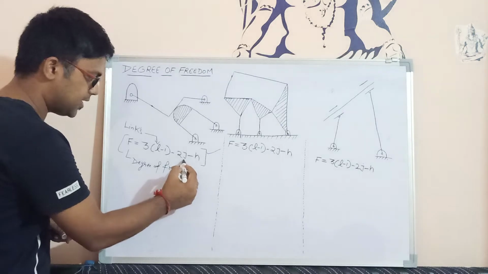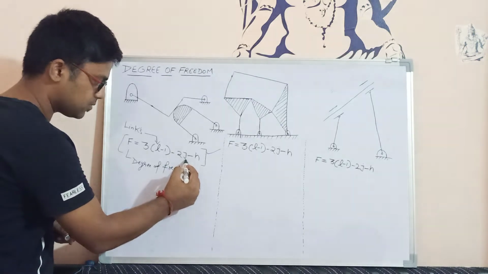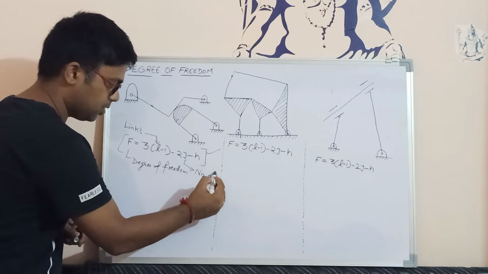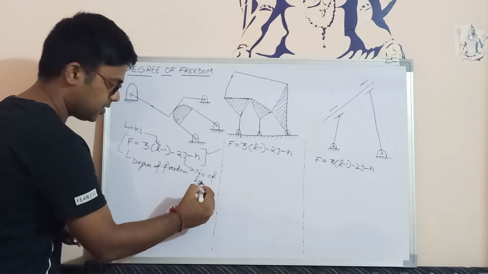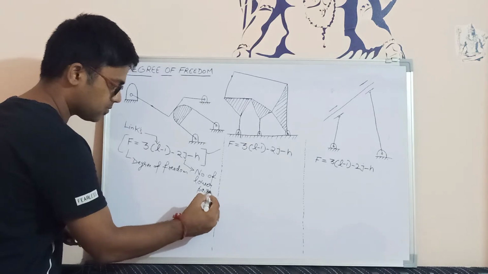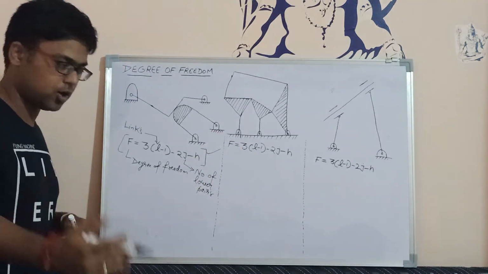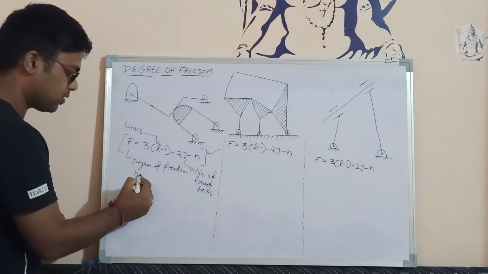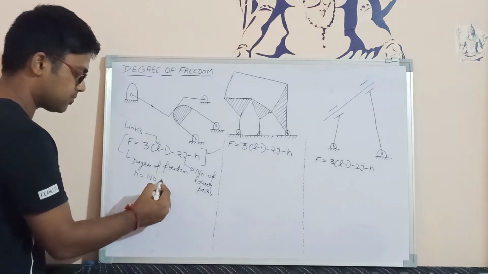J stands for the number of joints, or we can say number of lower pairs. And H stands for the number of higher pairs.